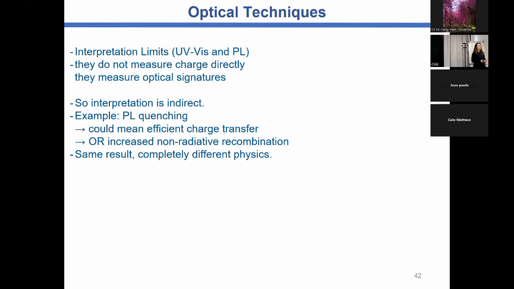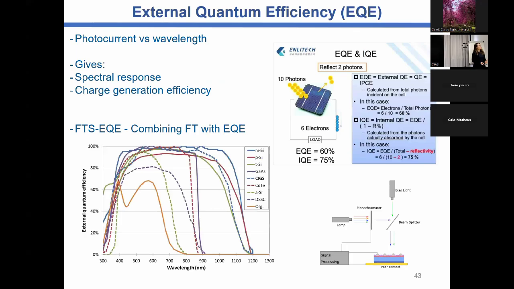Sometimes you cannot see the physics behind because it overlaps with another kind of physics. But you need, for instance, simulation tools or another technique that could help the interpretation of these optical measurements. Another technique, specifically for solar cells, is the external quantum efficiency, EQE.